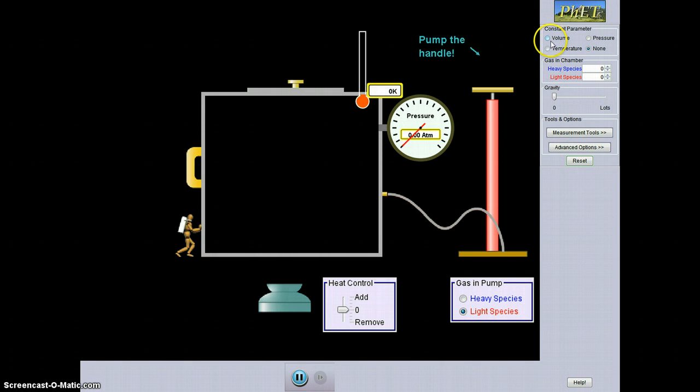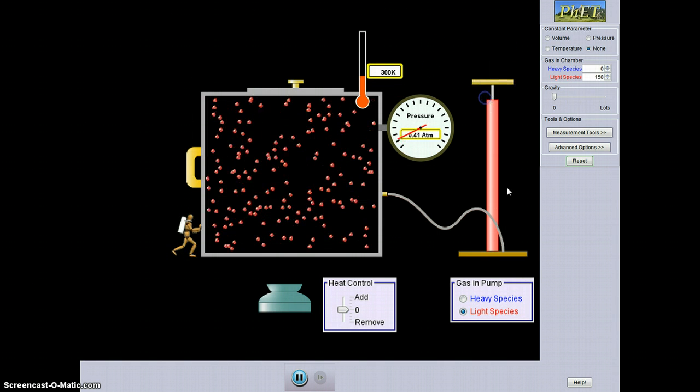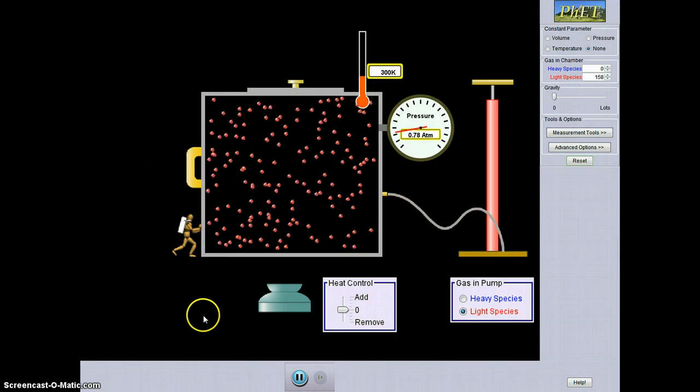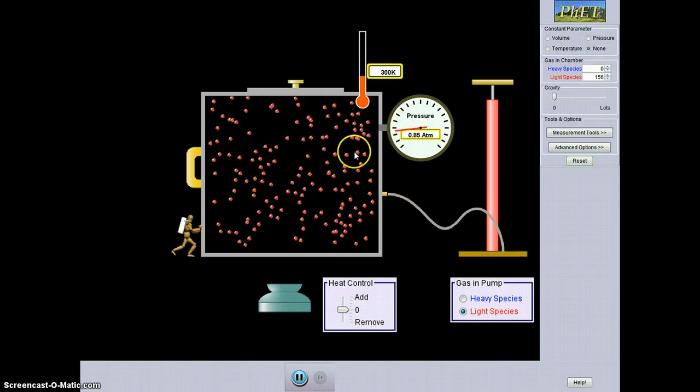Over here you can select various parameters of volume, pressure, or temperature to remain constant or not. You can change between being a heavy gas or a light gas. We're going to do a light gas here since we're doing ideal gas law. So you pump the handle here, and you put some gas in there, and it gives you some neat parameters once things stabilize.